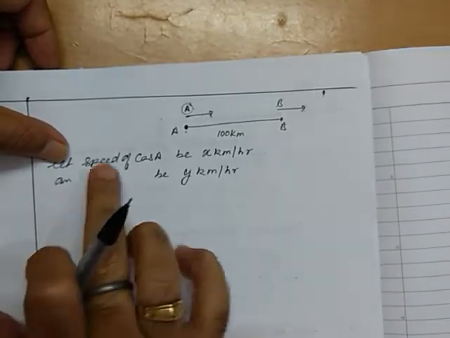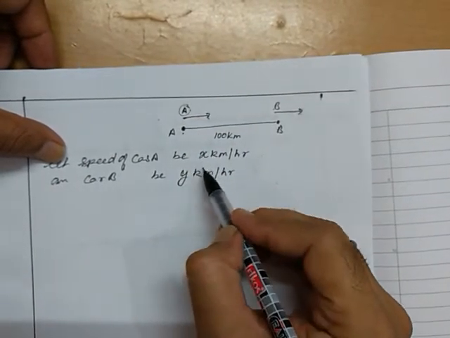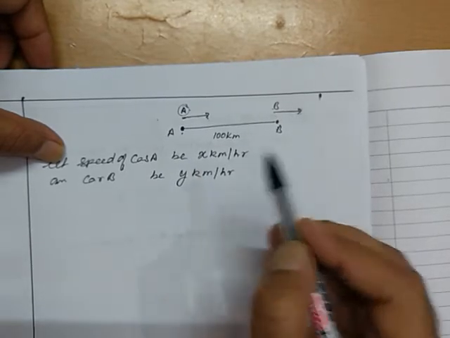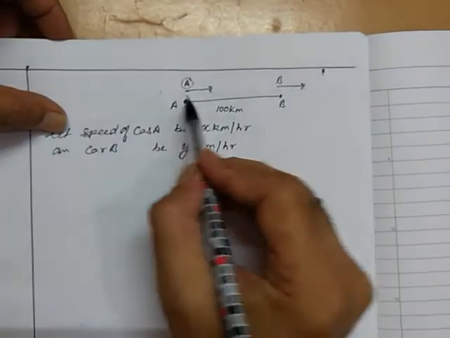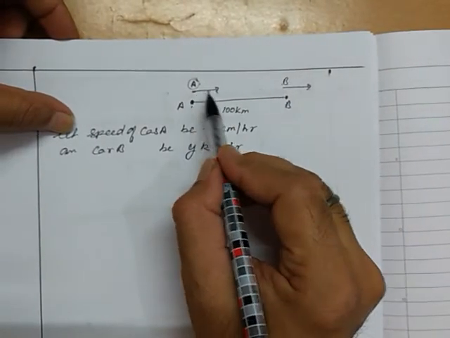Okay, so when they are moving in this direction, car A should have the greater speed than car B. So here the relative or the net speed of both the cars will be different.